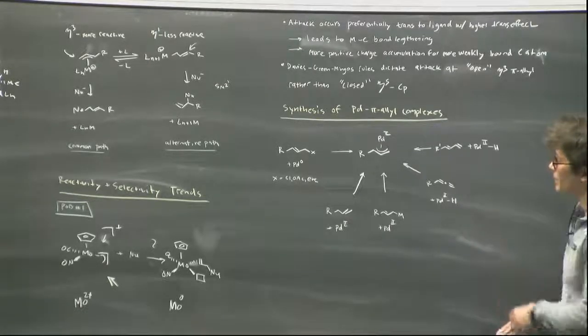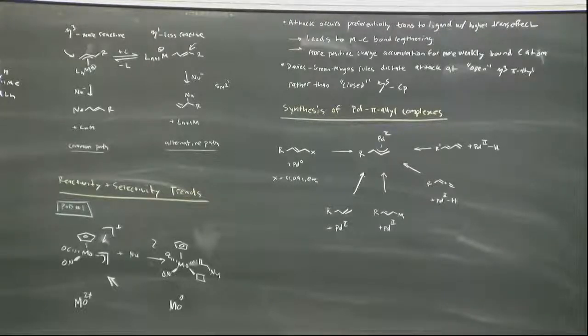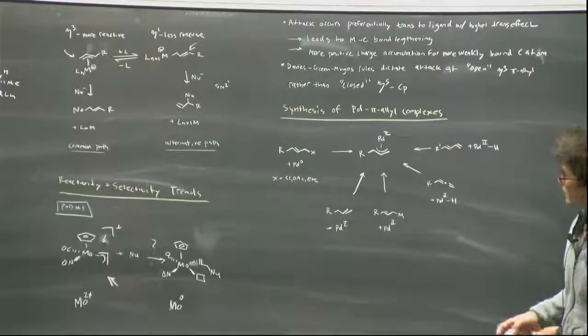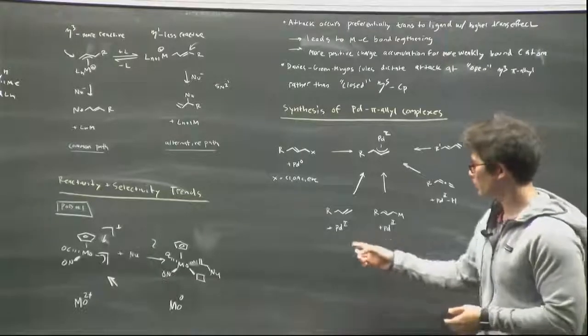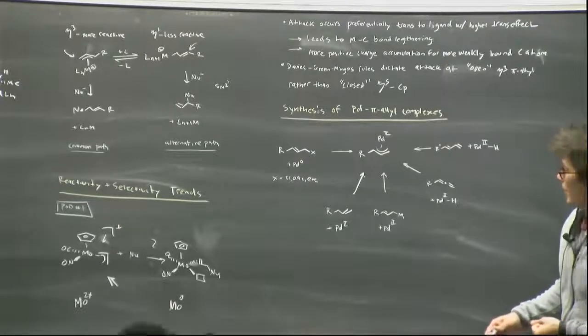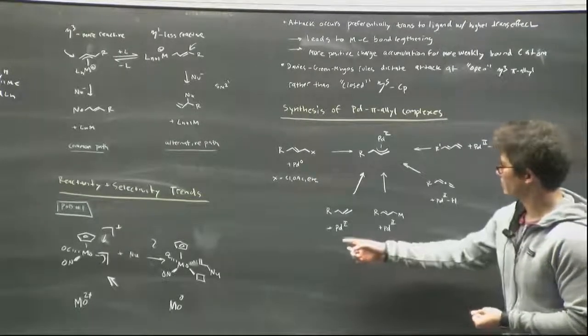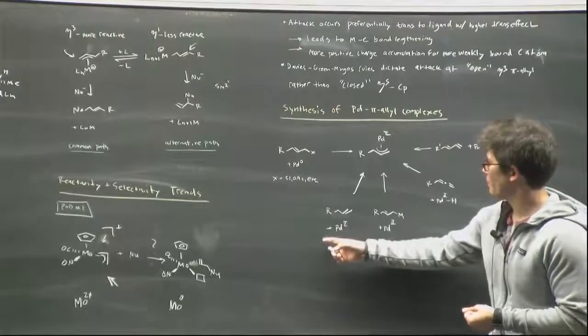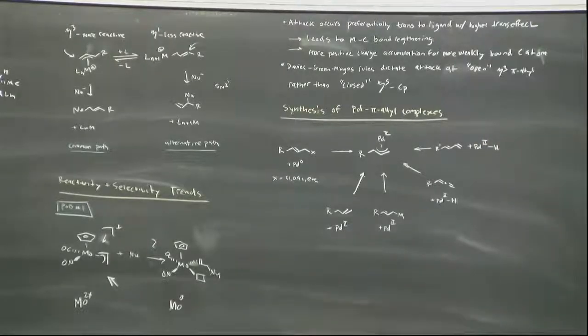And then there are other ways that palladium-2 pi-allyls can be generated. One that's of both preparative and historical importance is this formal allylic CH activation mode of reactivity, where a terminal alkene is coordinated to palladium-2.